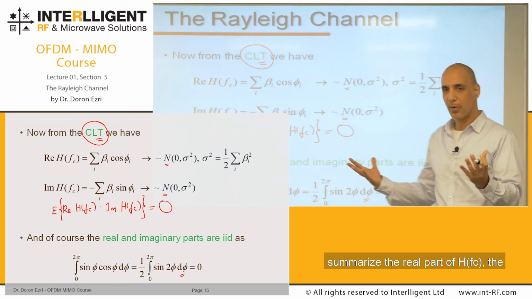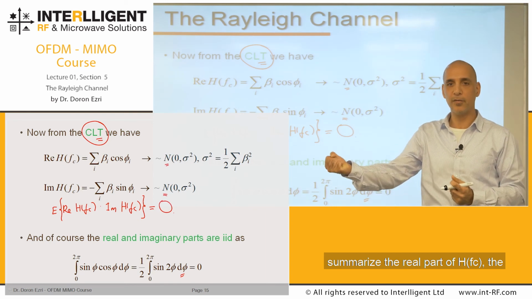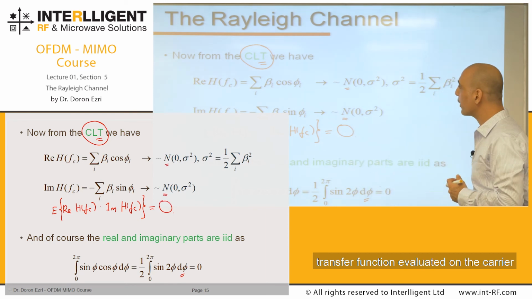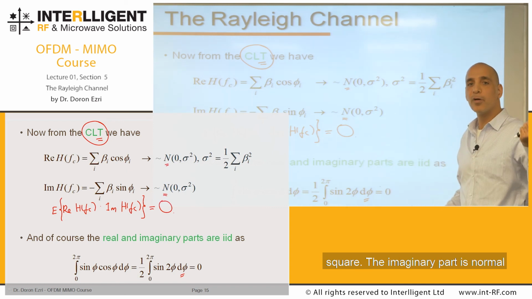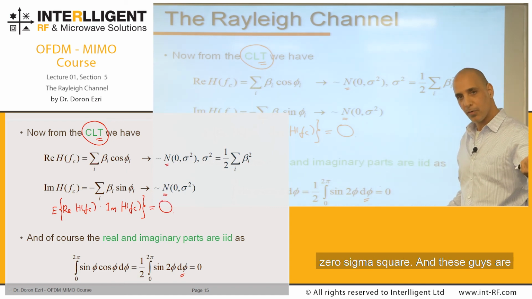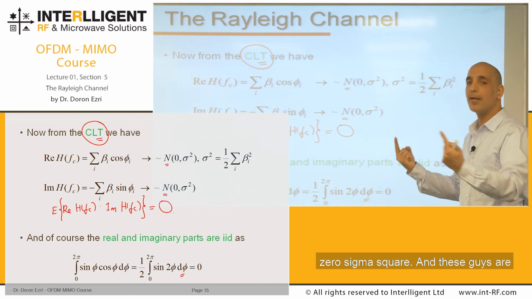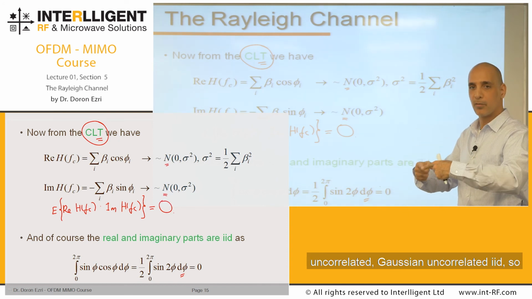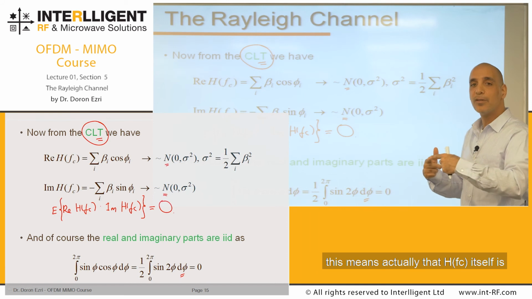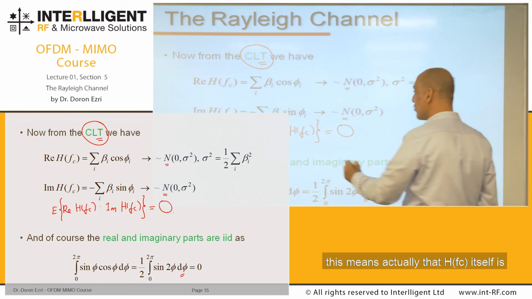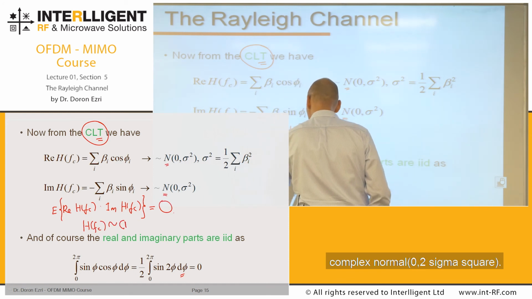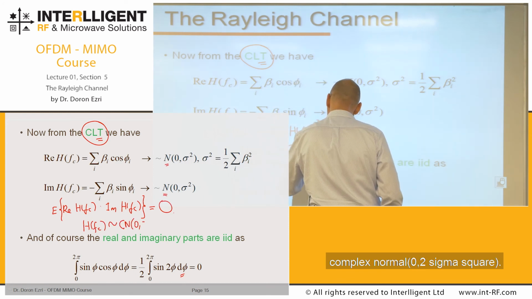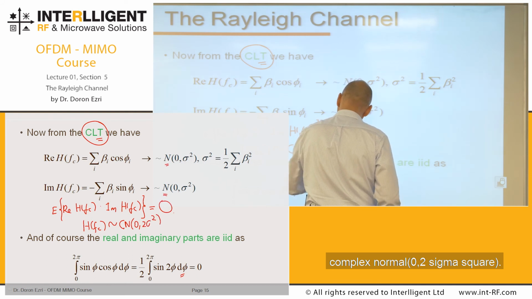So again, to summarize, the real part of h(fc), the transfer function evaluated at the carrier frequency fc, is normal 0, sigma square. The imaginary part is normal 0, sigma square, and these are uncorrelated, so Gaussian and uncorrelated means IID. So this means that h(fc) itself is complex normal 0, 2 sigma square.